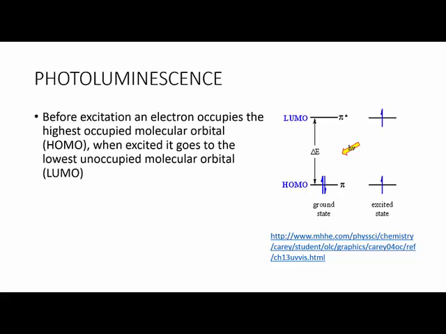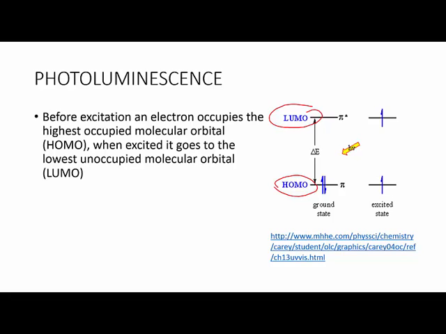So one principle to know about photoluminescence is before excitation, an electron is occupying the highest occupied molecular orbital, or HOMO. And then when it is excited, it goes to the lowest unoccupied molecular orbital, or LUMO, which is of course now occupied. So generally what I mean by HOMO and LUMO is, if you remember from the earlier part of my video, an electron gets excited from the ground state to the excited state in photoluminescence.